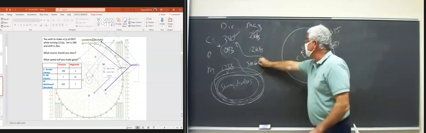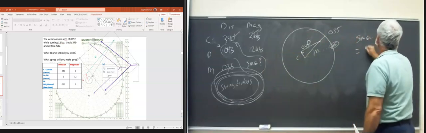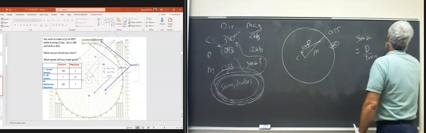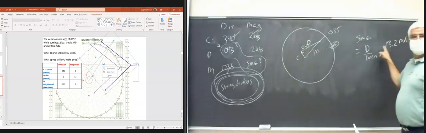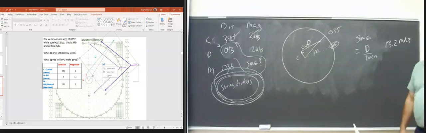Okay? So speed made good equals distance over time. So 13.2 miles in 1 hour, what would my speed made good be? 13.2 knots. But what if it was 13.2 miles in 30 minutes? It'd be 26.4 knots.